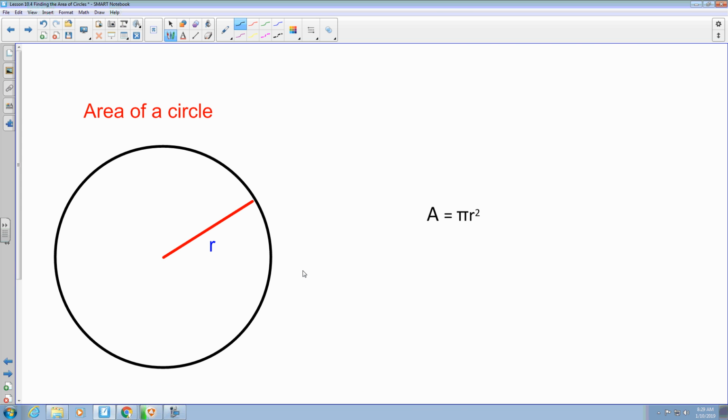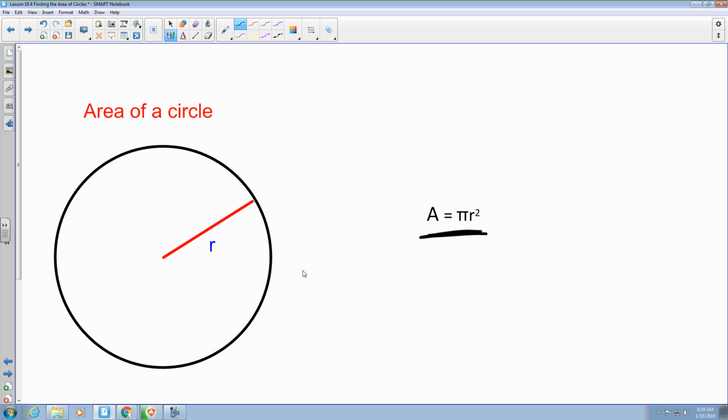All right, so now going into area, the area of a circle is, there's only one formula, and that is with respect to the radius. So it is pi r squared.